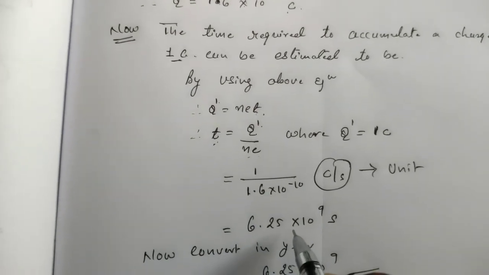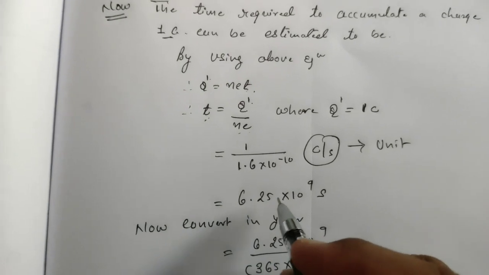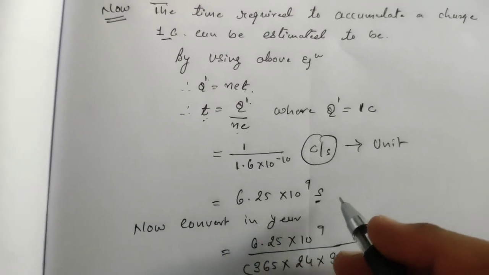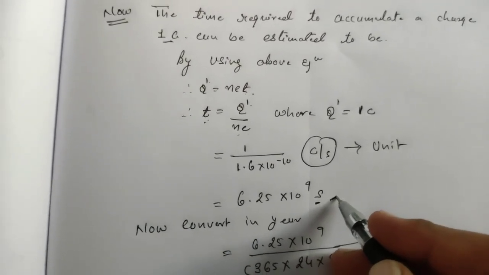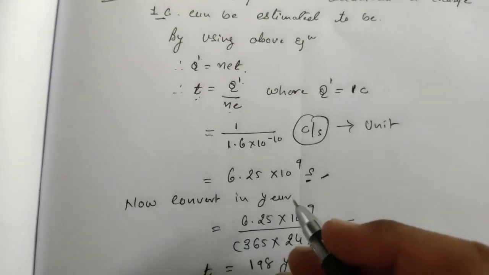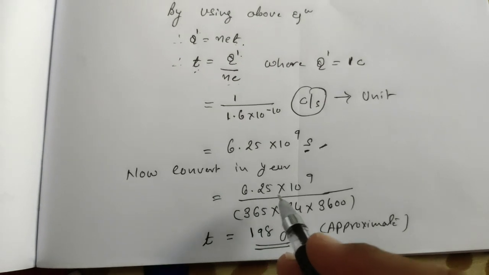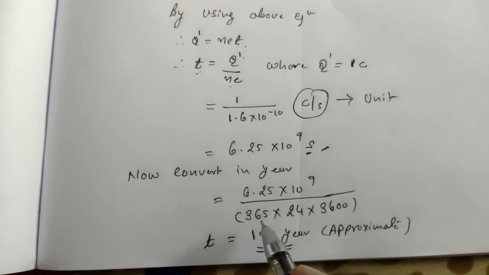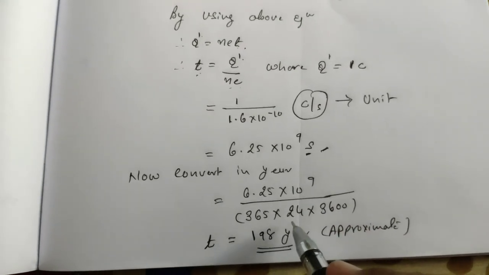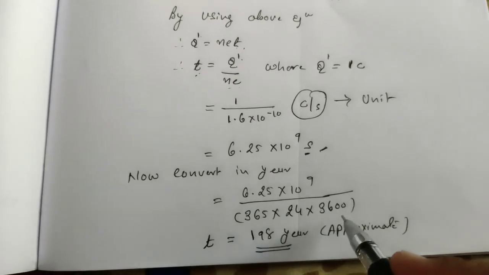Now we have to convert it into hours or years, because seconds is too much. Here you can stop your answer, no problem, but you can go ahead, that is also okay. So now let us convert it into years. So 6.25 into 10 raised to 9, over here we have 365 days in a year, 24 hours in a day, and 3600 seconds.